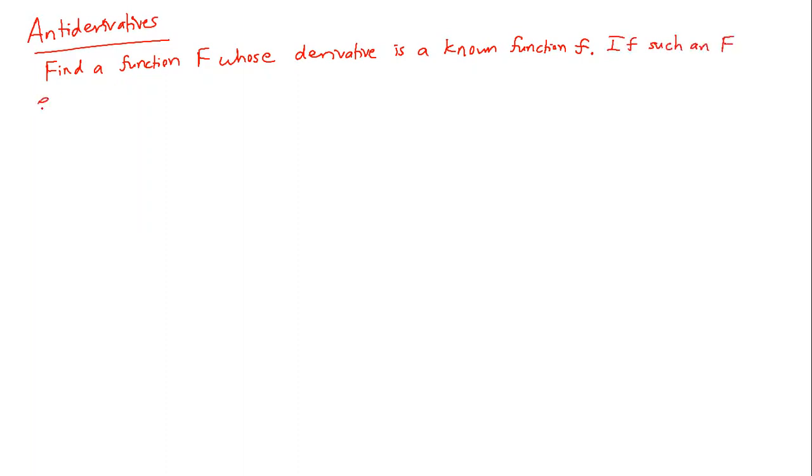Find a function F whose derivative is a known function little f. If such an F exists, it is called an antiderivative of f.